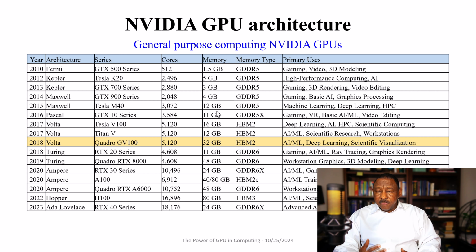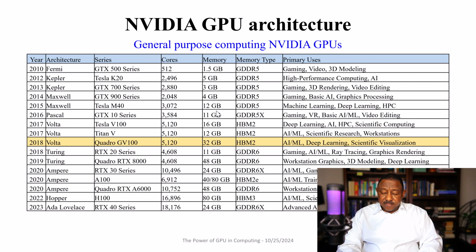So before you choose your GPU, you need to think about what you're going to do. If you are doing computing, you have to use the ones that are optimized for computing. And if you need image rendering, then you will use the GPUs that are optimized for image rendering.